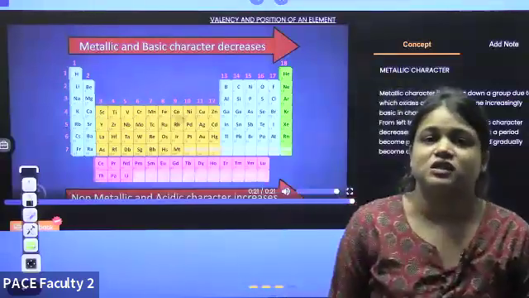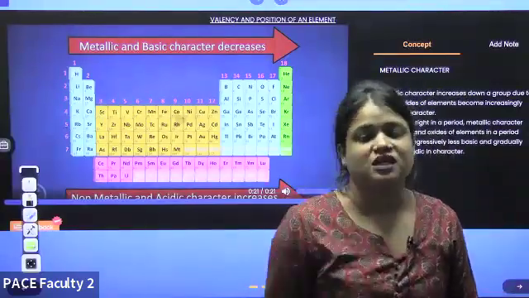Now the oxides of metals are all basic in nature.